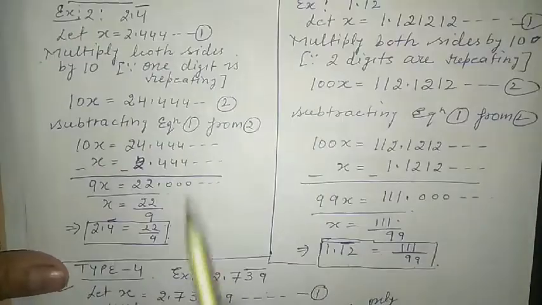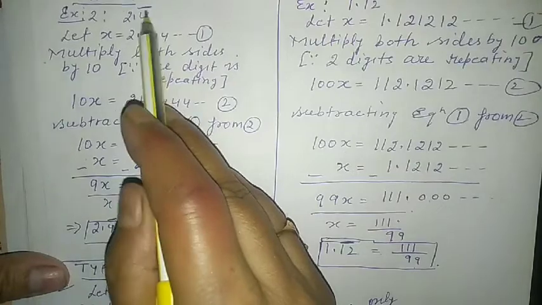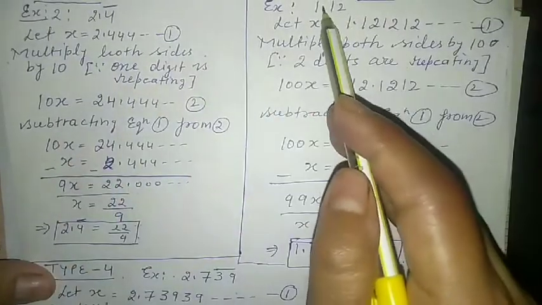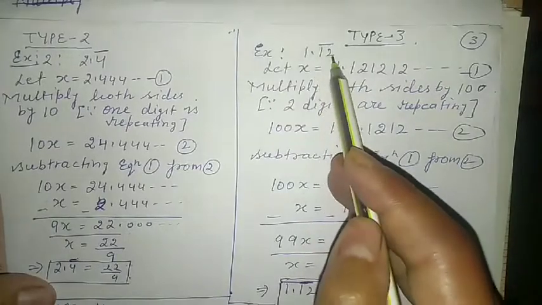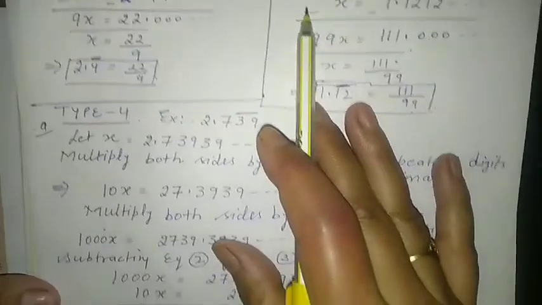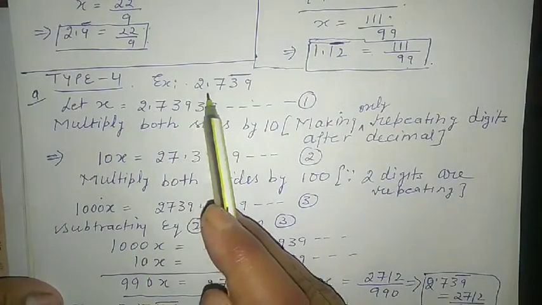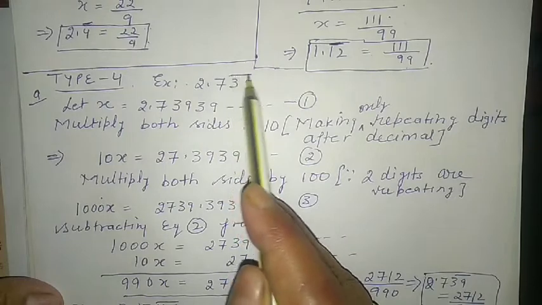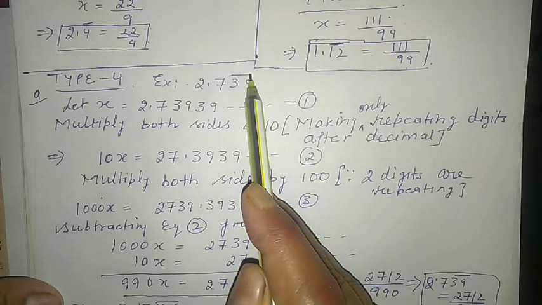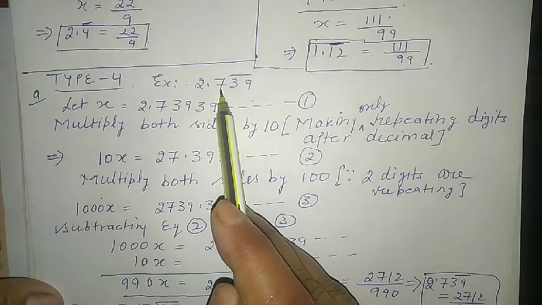In all the previous questions, just like 2.4 bar, the first decimal digit has the bar. In type 3, two continuous decimal digits have the bar. But in this type 4 question we have 2.739, with the bar on 39. Soon after, the first decimal digit does not have the bar.